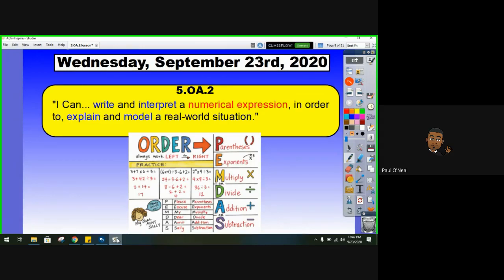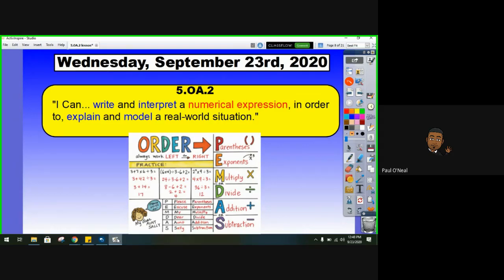Now, being able to write and interpret a numerical expression in order to explain and model a real-world situation. There, of course, is the chart that is discussing what exactly the order of operations is. It is a particular word that's called PEMDAS. What PEMDAS is, it takes the first letter of a few words and forms, of course, PEMDAS.